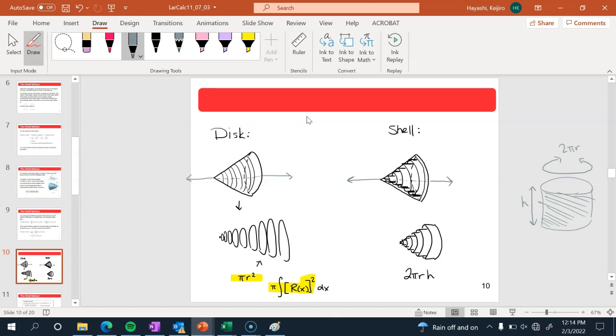So the surface area of the side of this cylinder is 2 pi r h. And that's going to translate into the integration formula for shells.